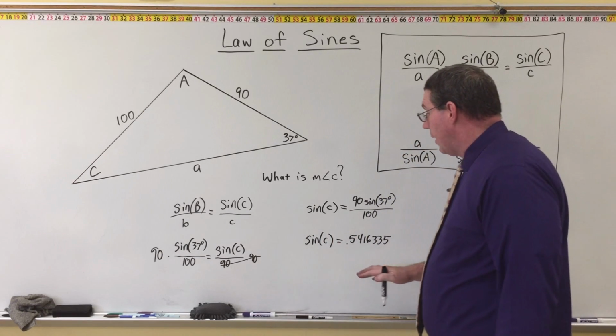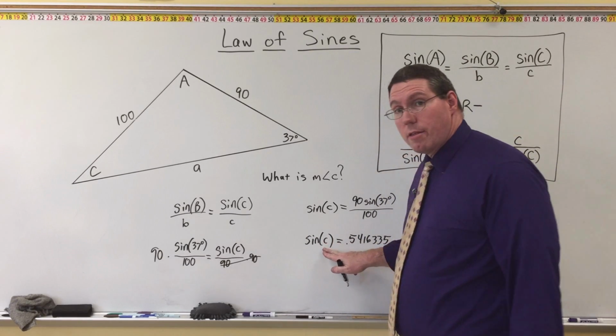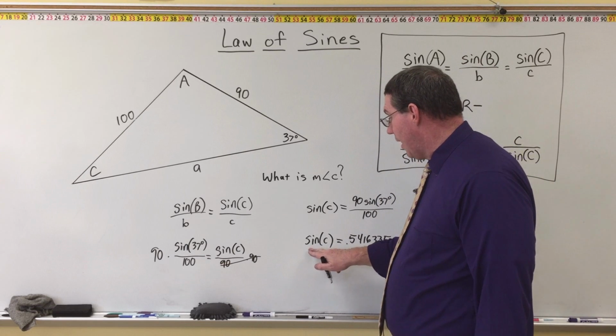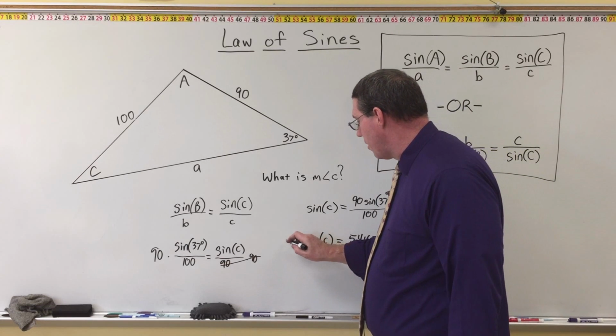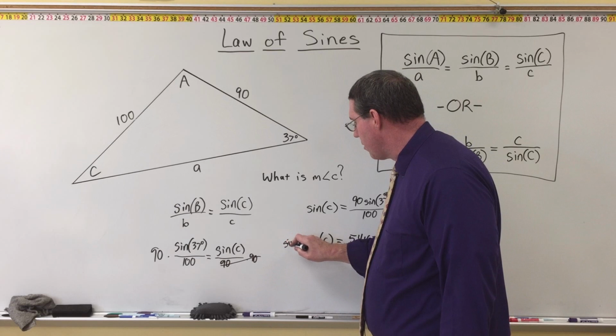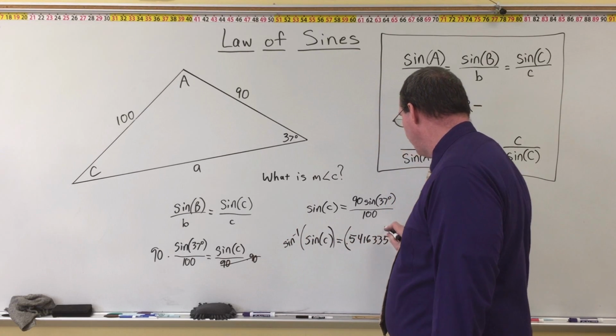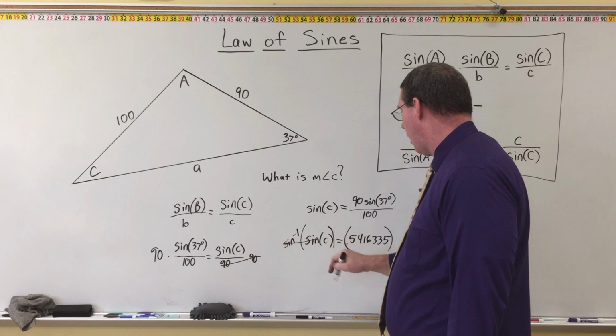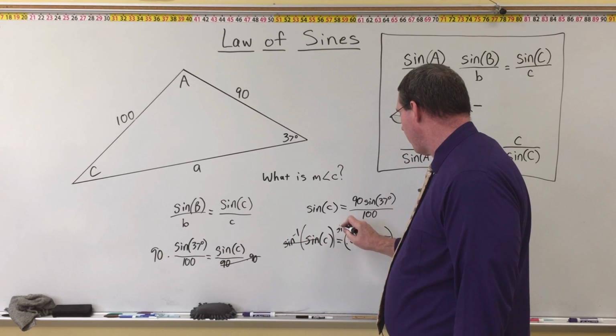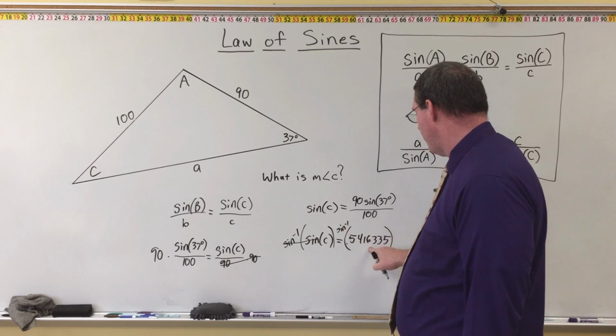Now I need to isolate C, get C all by itself, so I need to cancel the sine. Remember, the way I cancel a sine is I do a sine inverse to both sides. So sine inverse here cancels the sine, and I also do sine inverse of this number.